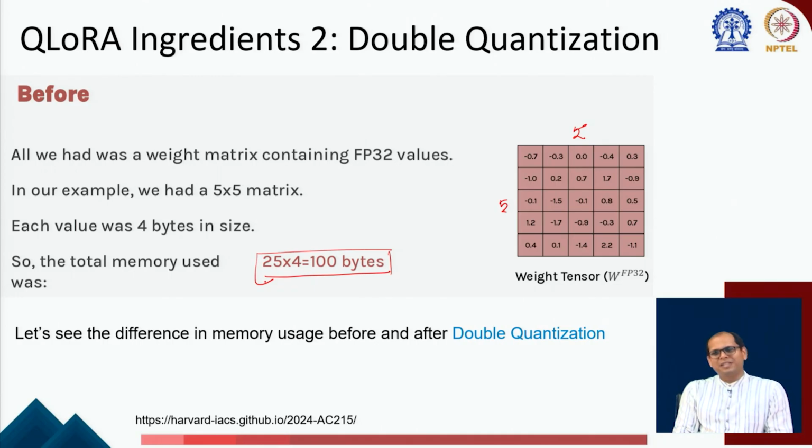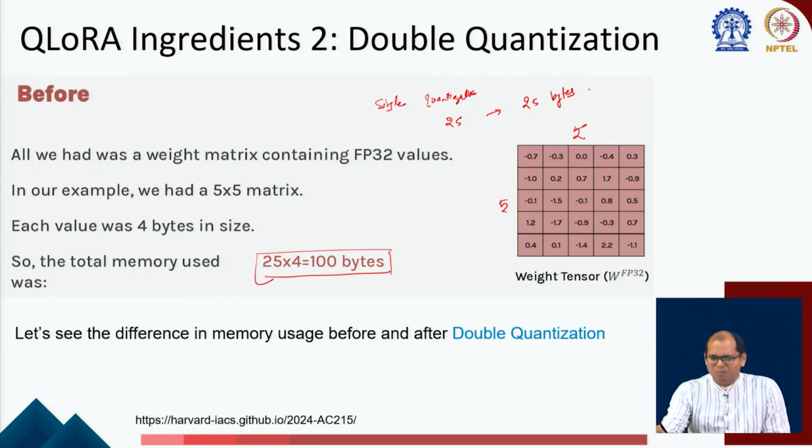Now let's see what happens if you do a single quantization, the normal quantization we talked about earlier, using int 8. Each of the 25 values will be stored as an 8-bit integer, so you will need 25 bytes, plus one constant in FP32, so 4 bytes. So I need only 29 bytes of storage as compared to 100 bytes.